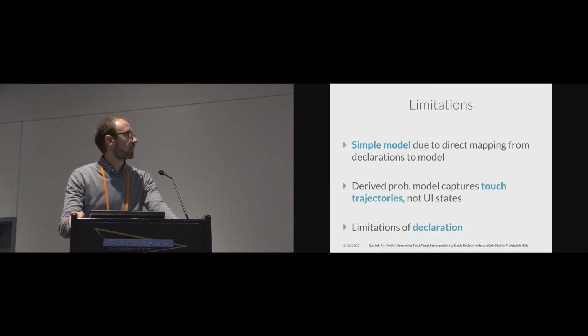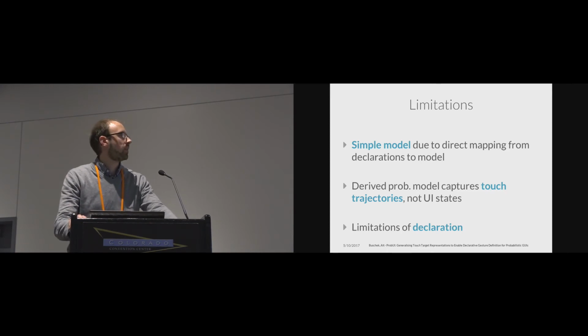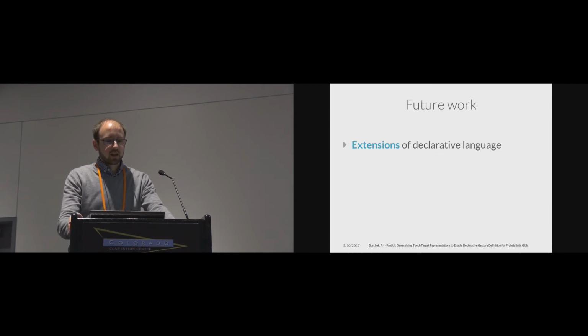And then, of course, specifying gestures by declaration might be convenient, but it clearly has limitations. So if you think about these short gestures for activating interface elements, that might be fine. But if you think about more complex shortcuts, maybe not related to UI elements, then you might be better off with collecting training data.